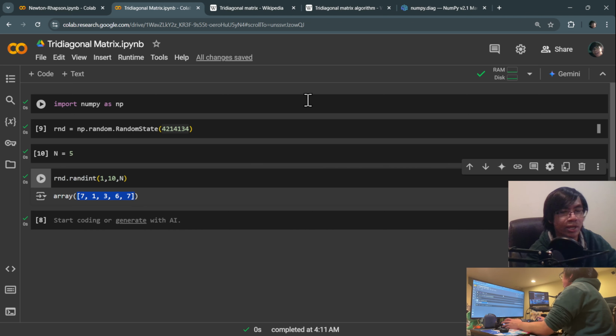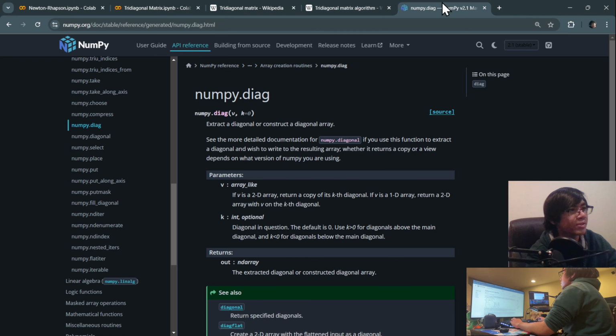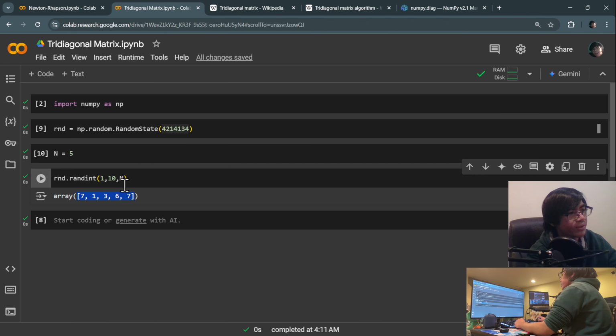So if we want our diagonal with that tridiagonal as such here, there's a way we use numpy diag. So I think we use this for Crank Nicolson. We supply a 1D array, and it returns the 2D array with v on the kth diagonal. So it's going to give us a matrix with this as its diagonal, and as a 5 by 5.